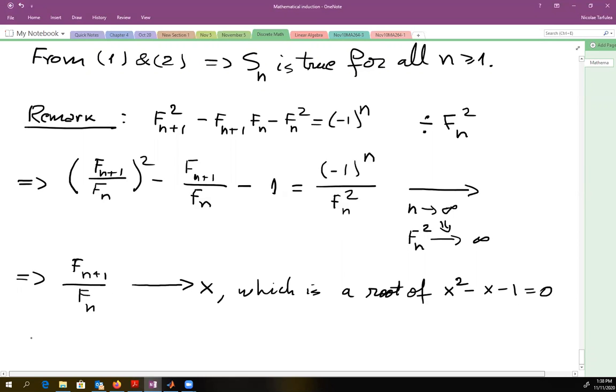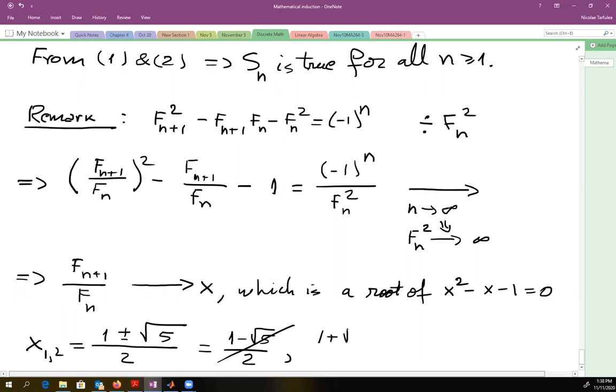What are the roots of this equation? We can use the quadratic formula, and we have 1 plus or minus the square root of 5, over 2. Okay, so 1 minus the square root of 5 is a negative number. That can't be, because this is always positive. So this is out, but the other one is in.